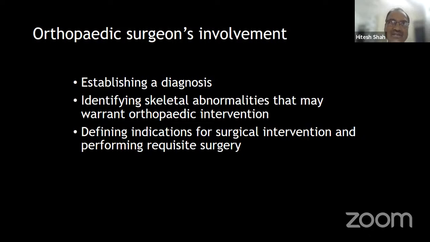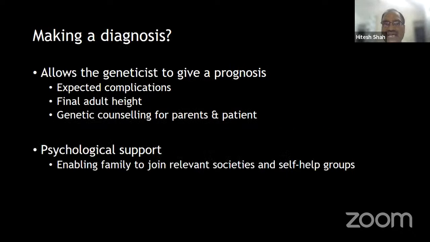Once we get the diagnosis, we need to find out what the orthopedic or skeletal abnormalities are that will require intervention, defining the indication for surgery and what type of surgery is needed for the patient. So why is it required to know the diagnosis? Because most people will say it is not our job and send the child to the geneticists to find out the diagnosis. But if we know the diagnosis, we know the probable complications. We cannot predict every complication.